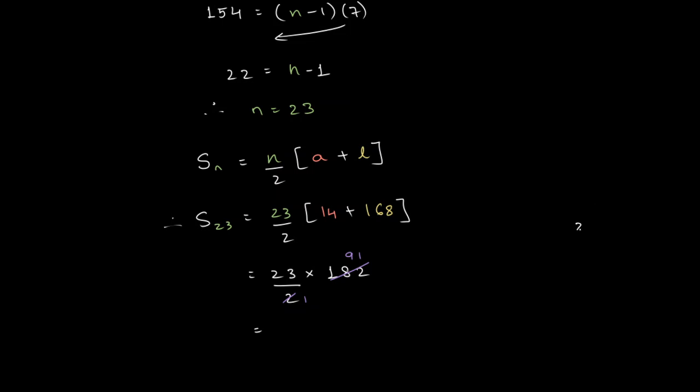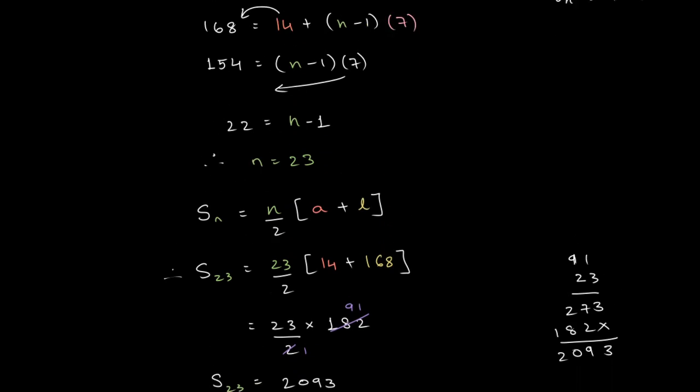Let's perform that calculation in a rough work over here. 3 ones are 3, 3 nines are 27, 2 ones are 2, 2 nines are 18. So 3, 9, 10, 2. So the sum of 23 terms of this arithmetic progression is basically 2093.